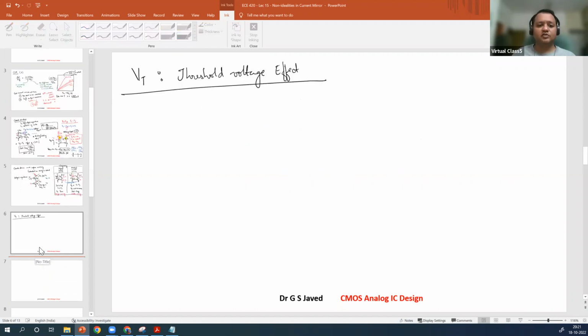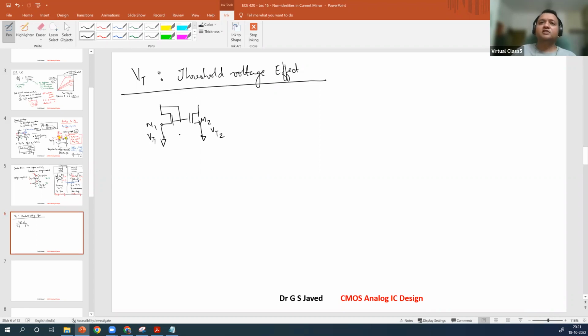So if you look at the threshold, what is the threshold here between the two devices? You have the two devices M1 and M2. Each of these devices has a VT1, VT2.